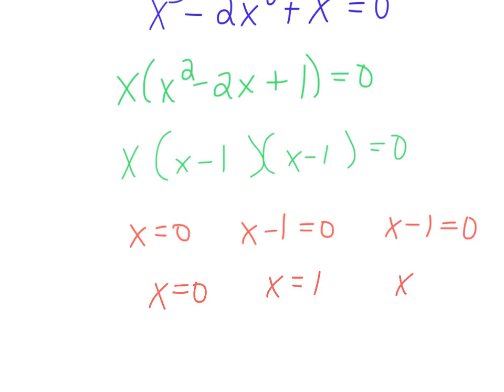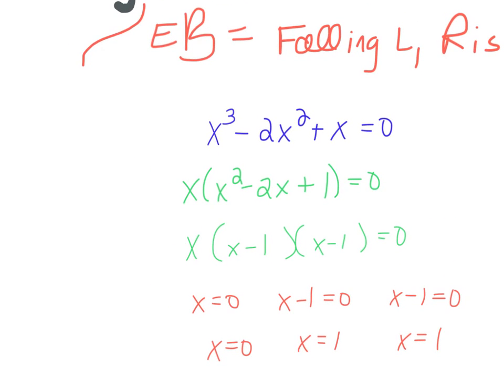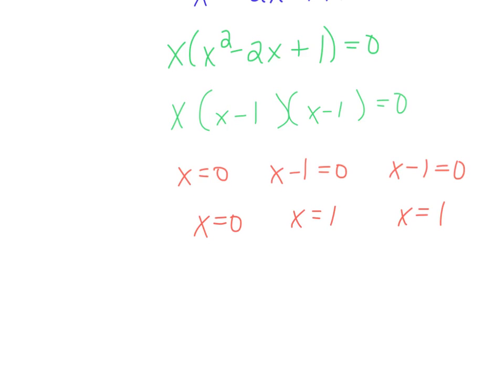Positive 1, and x equals 1. Anybody remember when you get the same zeros more than once, what that's called? Multiplicity. Yep. But at the beginning, check. What was the highest exponent you had? So that means how many zeros should you have? Did we find them all? Yes, perfect. Good, very good.